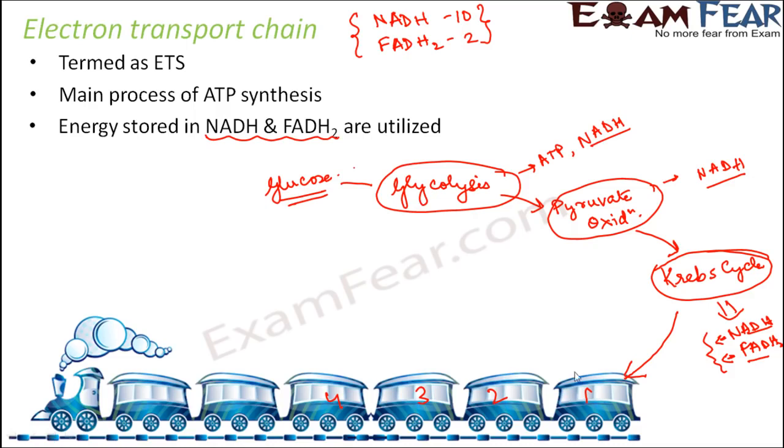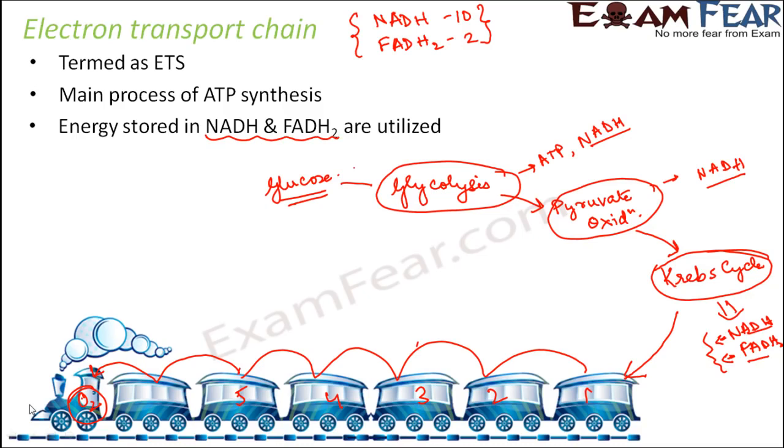The electron will pass on from one carrier to another, and finally there is an electron acceptor, and that final acceptor is oxygen. Then we will see how, when the electron gets transported through this series of electron carriers, some energy is created which is utilized for synthesizing ATP.